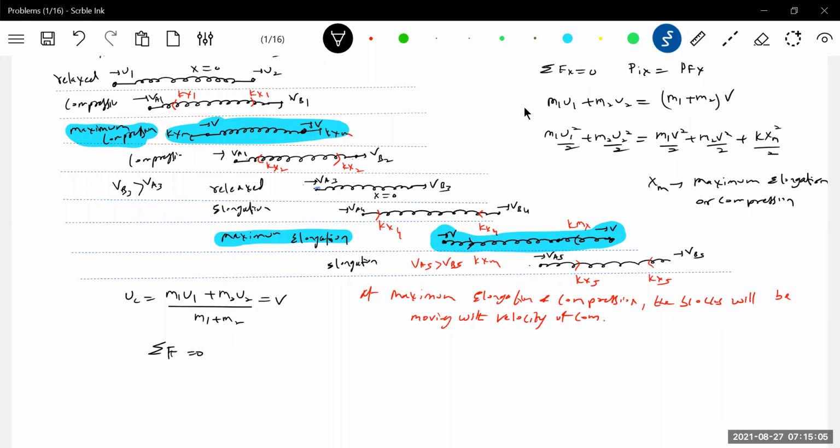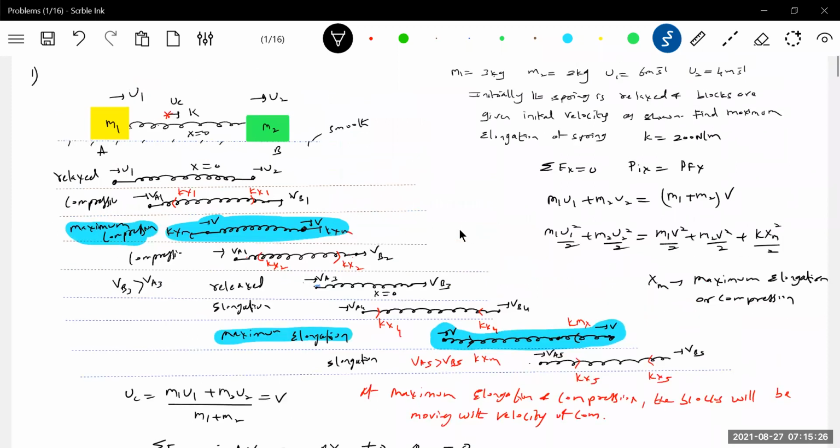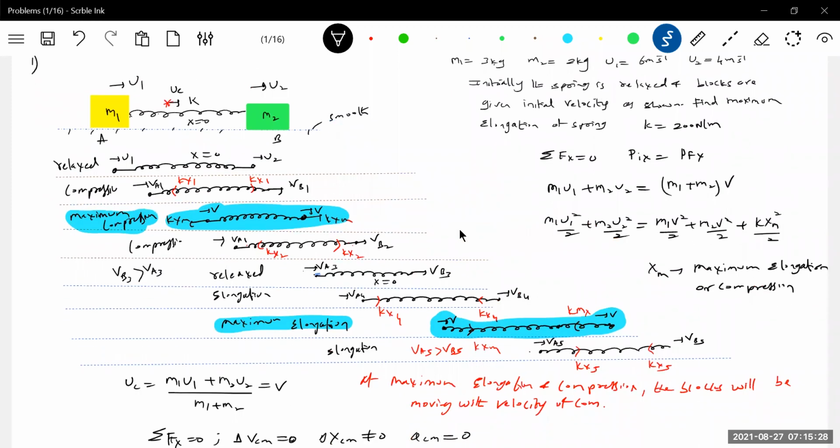There is a situation like this because the initial velocity is non-zero, and what is the acceleration of center of mass? 0. All the conditions will come into the picture here.